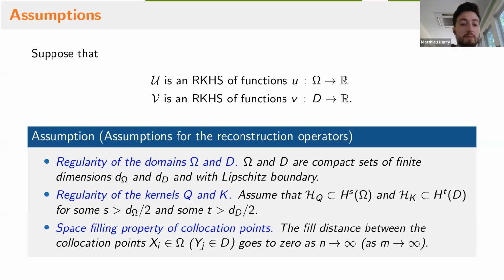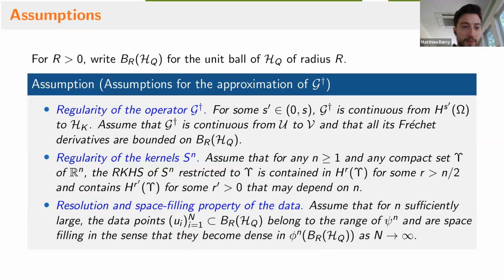They essentially amount to some regularity on the domains of the functions you want to recover, and some regularity on the functions themselves, so you typically need them to be embedded in some Sobolev space. You also need that, if you measure them pointwise in a grid or pointwise in your domain, the collocation points at which you're measuring them fill out the entire domain. So these are for the reconstruction operators.